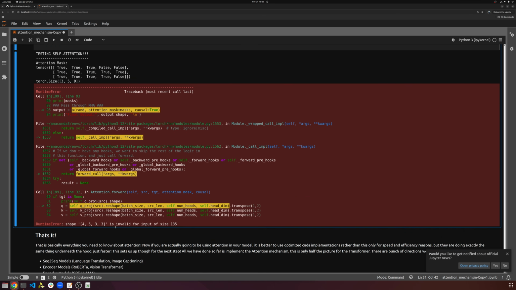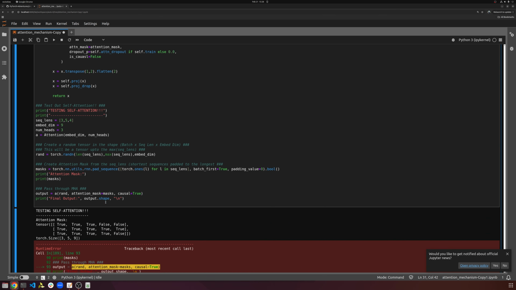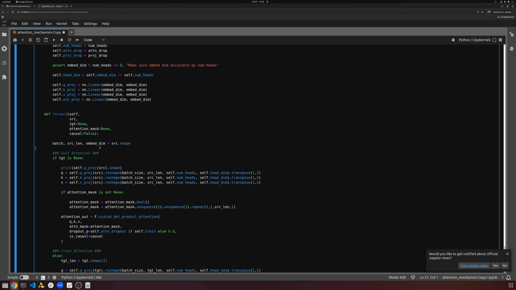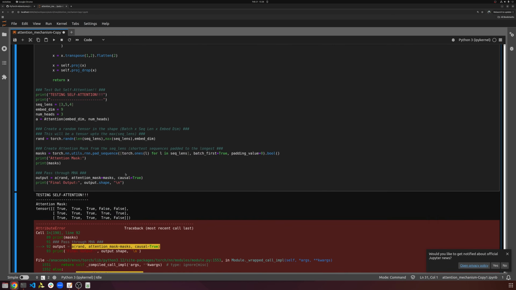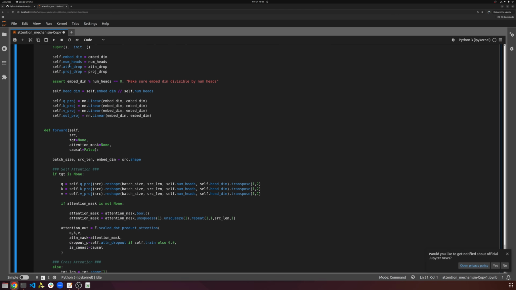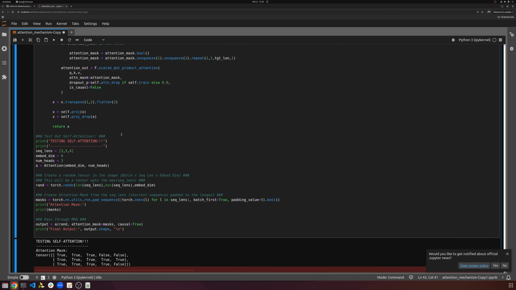So which line is it breaking on? Yes, this should be batch size. There we go. I was using some earlier reference of batch size, I think. Okay, looks like we have another one. Attention dropout, so I must have just spelled it wrong. I think I called it just attention drop. So that's going to be here and here.